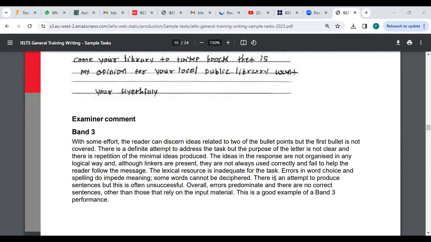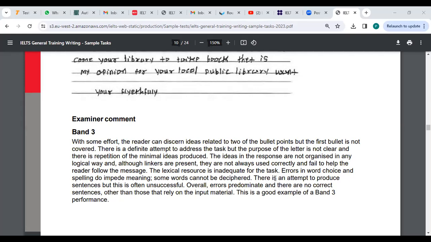With some effort, the reader can discern ideas related to two of the bullet points, but the first point is not covered.